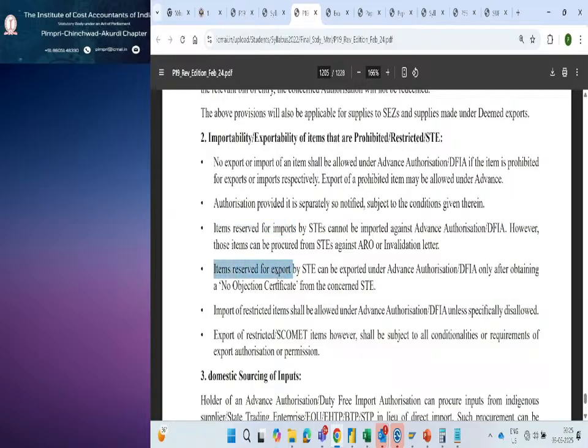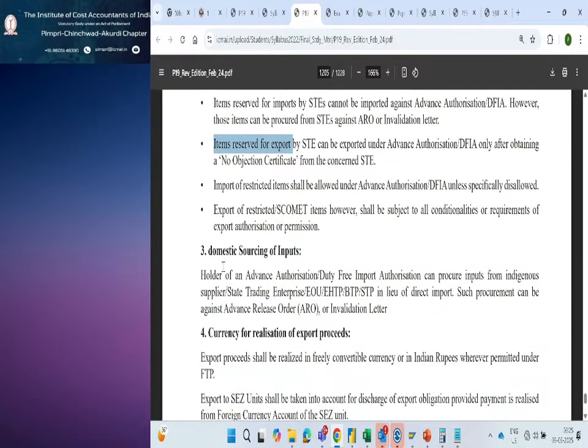So what is the difference? Selectively remember those points and you will easily be able to write the rest as well. Now, the domestic sourcing of inputs. How do you go for domestic sourcing?